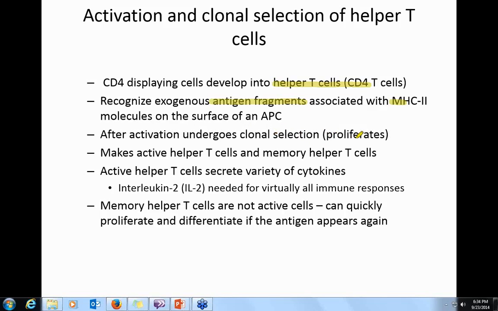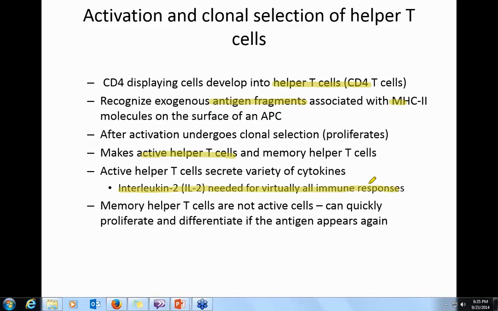Now, once your CD4 cell or T helper cell is proliferating, you can make active T helper cells, and active T helper cells will secrete interleukin 2. And virtually all immune responses need interleukin 2.